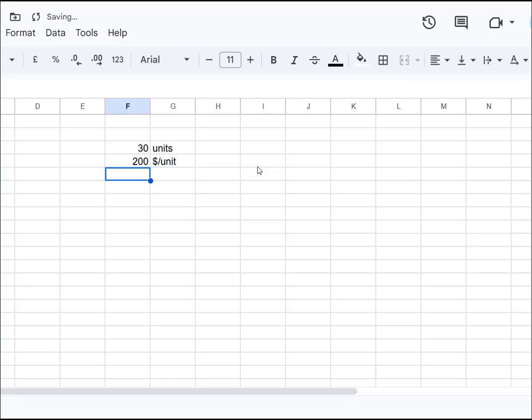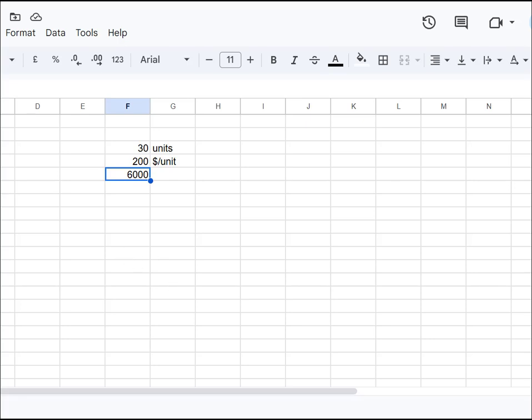Therefore, we have an extra 30 units times $200 per unit of contribution margin, and we already know that 400 is break-even, so our net operating income with 430 units sold would be $6,000. That's intuitively how this works.